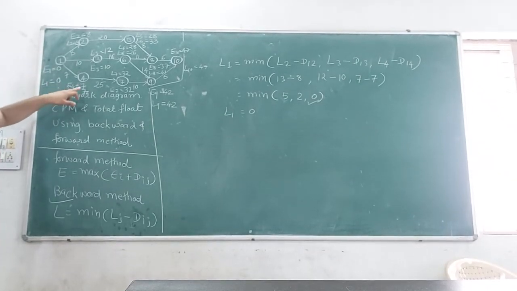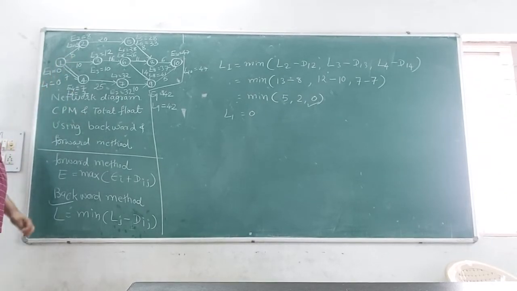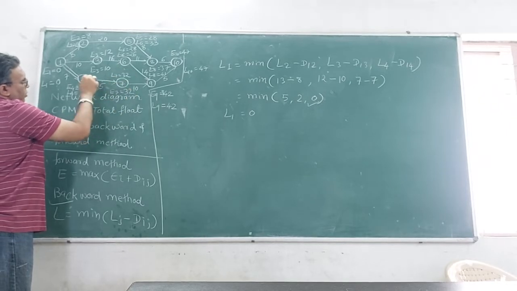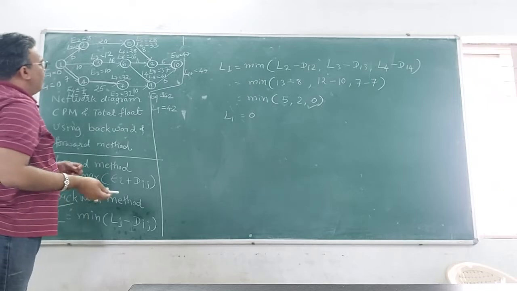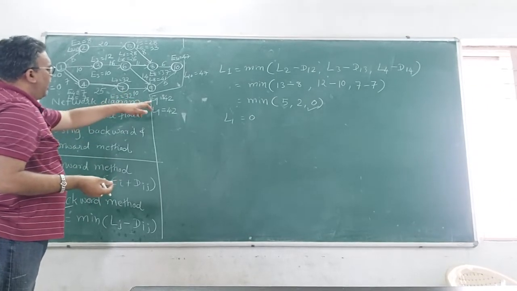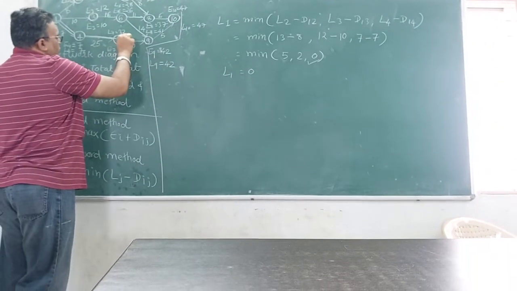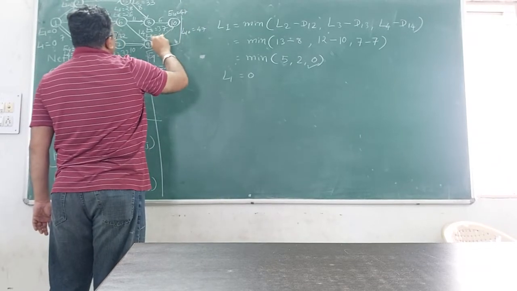E4, L4 are 7, 7, so we have to construct one more line in between. Same way E7, L7 are 32, 32, E9, L9 are 42, 42, and the last one is 47, 47.